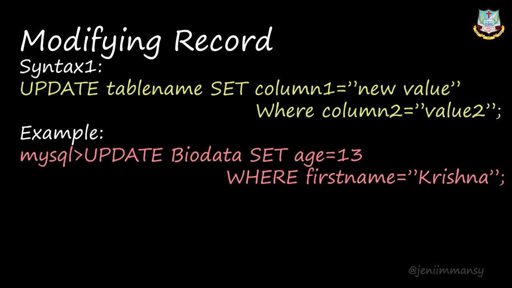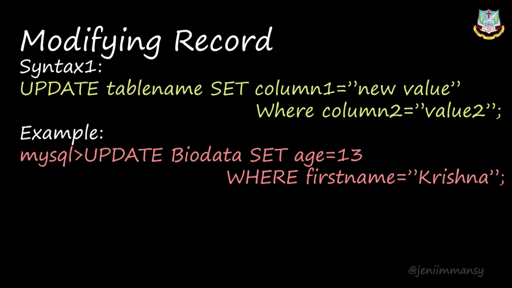You have to set the age of Krishna as 13, means first you have to give column 1 and the new value, where, and then you have to give the same line where the first name, where column 2's value, and then the value of column 2. Understood? You have to give that to update or modify a previously available data in a table or a record.